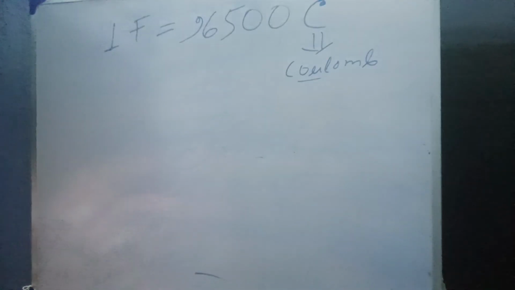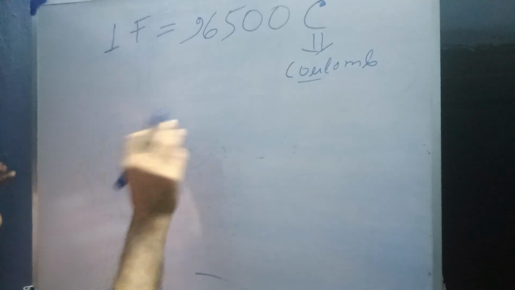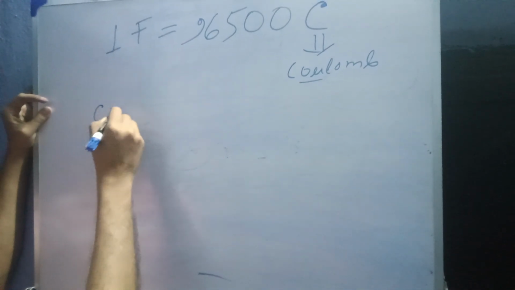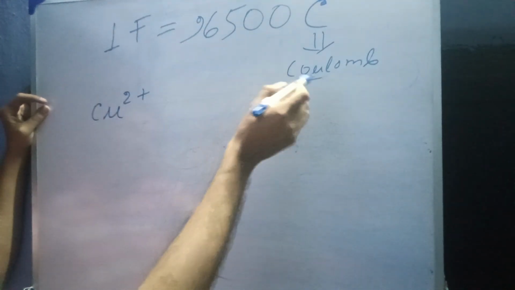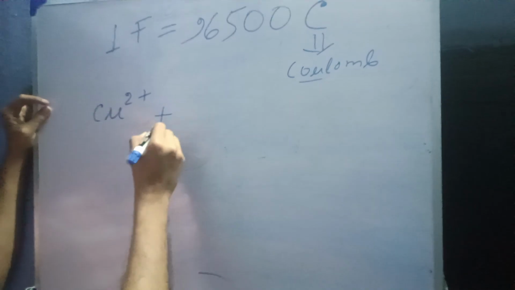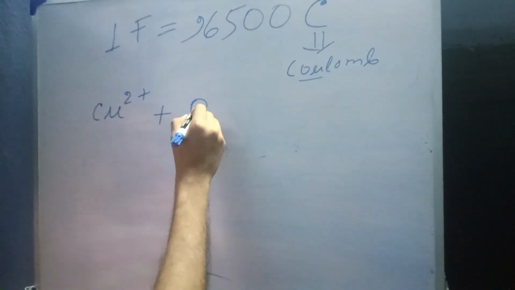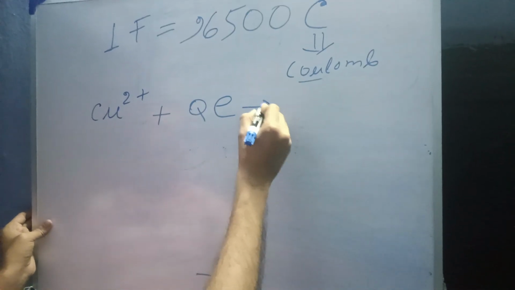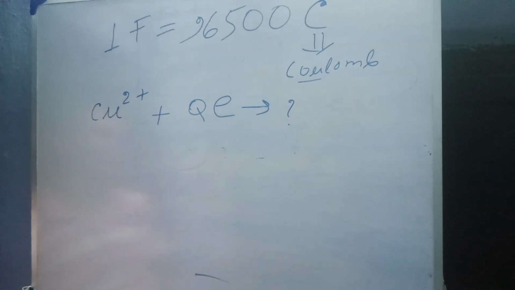Now, if we consider that through any substance, say copper 2 plus, q coulomb of charge passed, then what is the amount of copper produced?